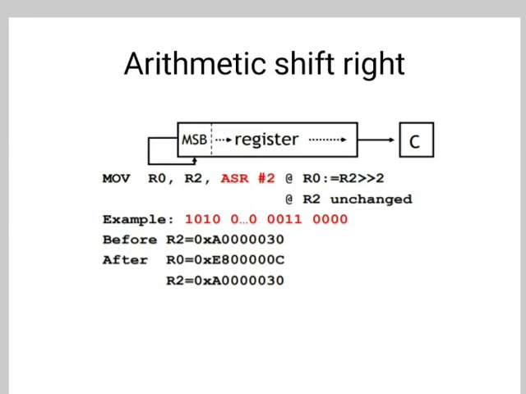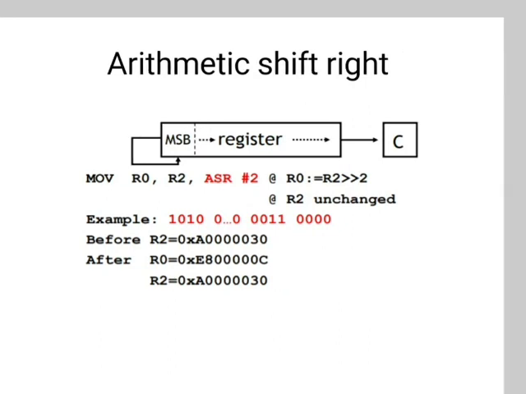By using arithmetic shift right, we get 0xE9400000C. That is, arithmetic shift right by 0 to 32 places fills the vacant bits at the most significant end of the word with 0 if the source operand was positive, or with ones if the operand was negative.